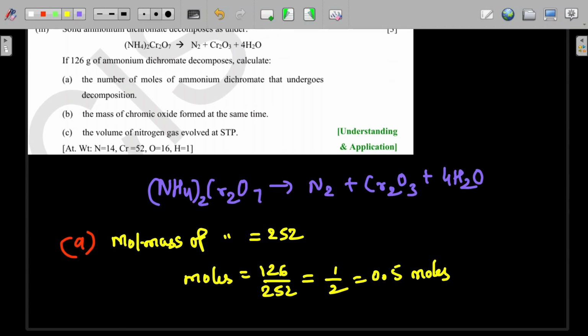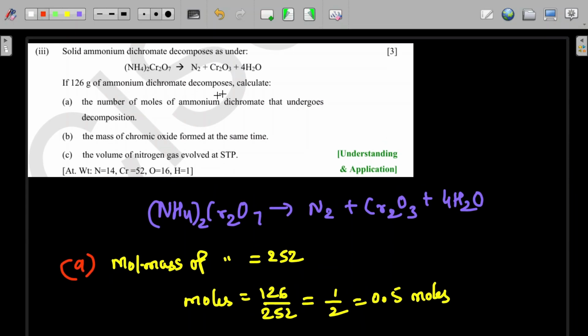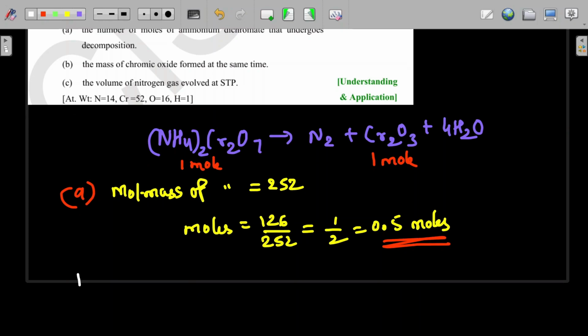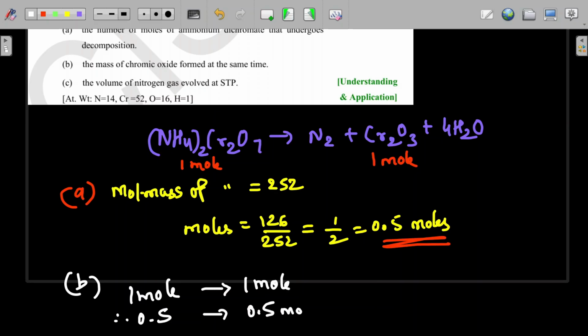Second one, the mass of chromic oxide formed at the same time. So chromic oxide is Cr2O3. When you take 0.5 moles of ammonium dichromate, now you know the ratio. The coefficient of ammonium dichromate is 1. Chromic oxide is also 1. So the ratio between them is 1 is to 1. So 1 mole of ammonium dichromate gives you 1 mole of chromic oxide. Therefore, 0.5 moles will give you 0.5 moles of chromic oxide.